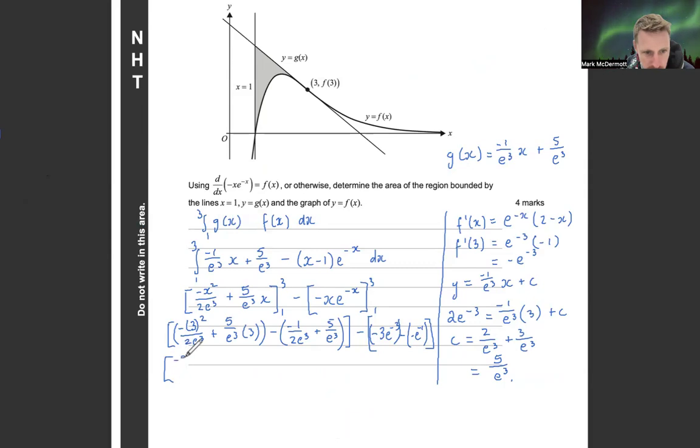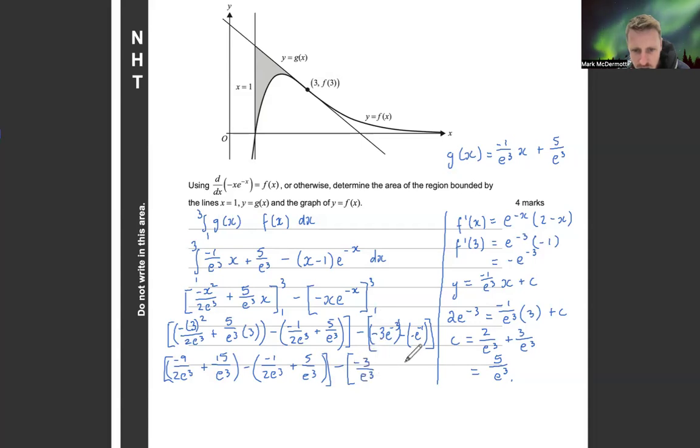So it's going to be -9 on 2e cubed plus 15 on e cubed minus, -1 on 2e cubed plus 5 on e cubed, minus, that's all square bracket, -3 on e cubed plus 1 on e.